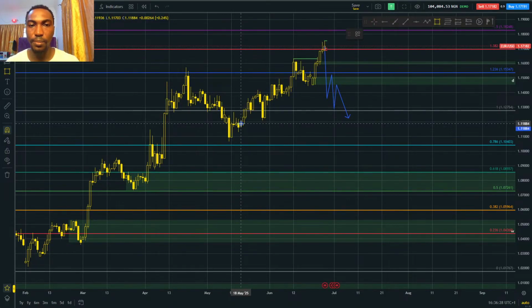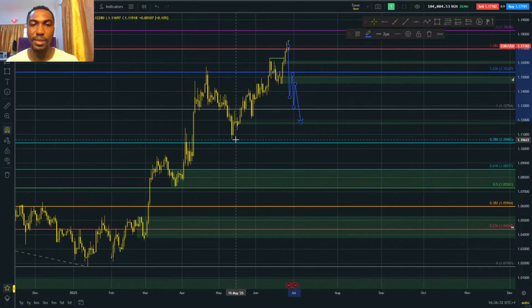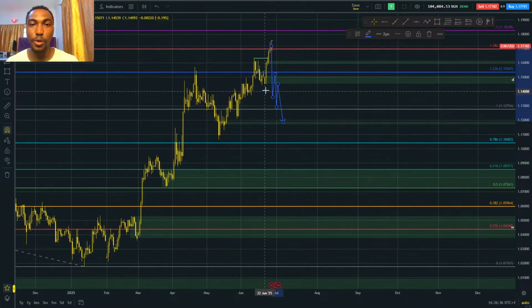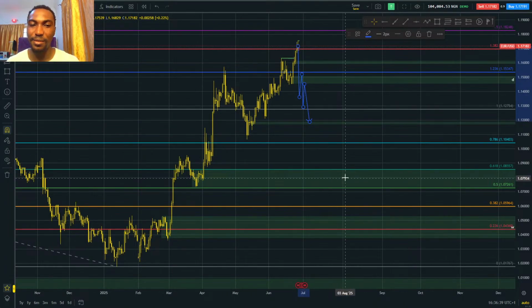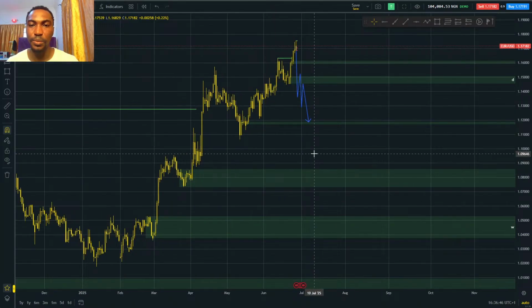When price seriously breaks through all of this, you already know we're most likely heading for the weekly demand zone. That's just what it means.